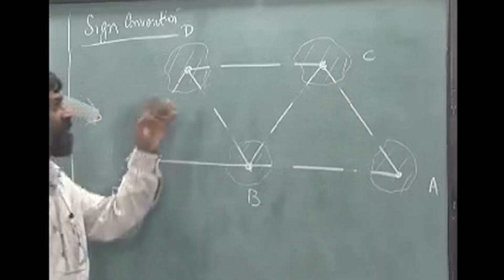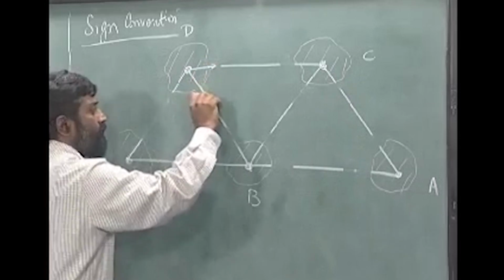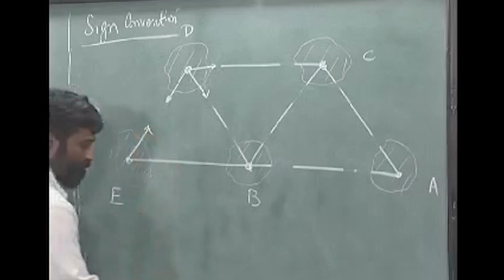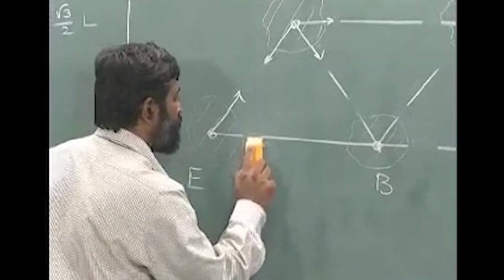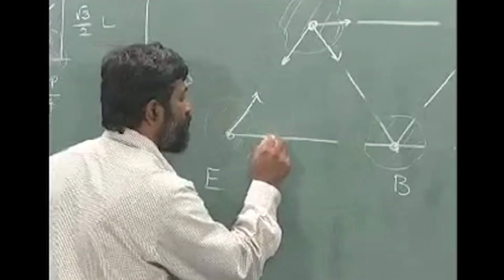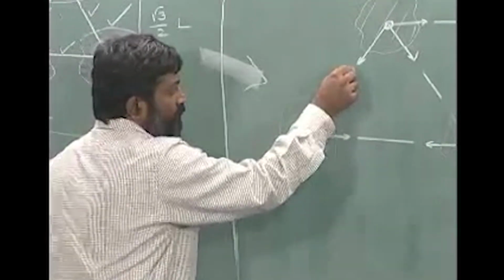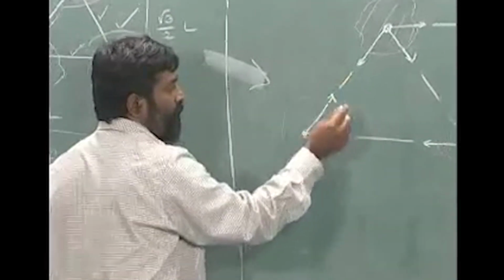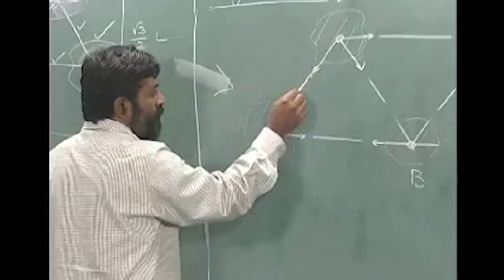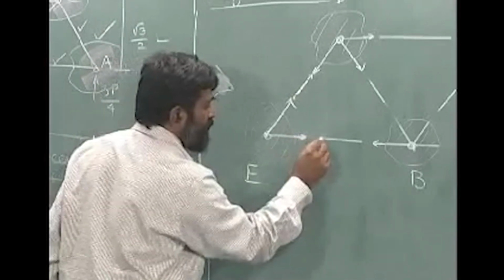So we have cut each of these members, and therefore there is an exposure of forces, okay. Let me just draw the small one here also. This will have an equal and opposite force like this. Okay. Let me just make it smaller.